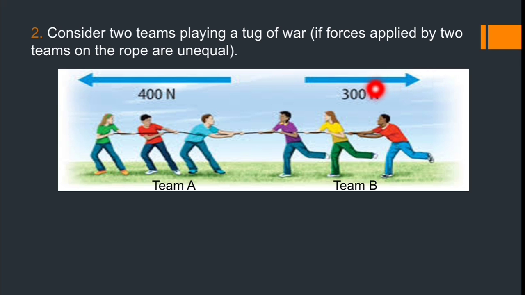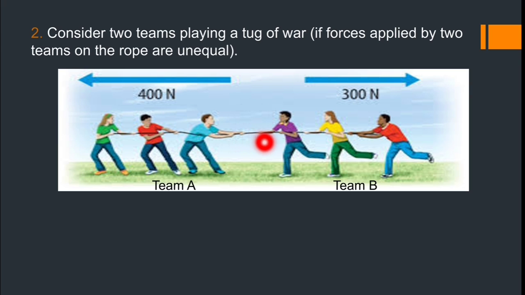It means the two forces are not of the same magnitude and also they have opposite directions. So there will be a net force because these two forces do not balance each other. And what will be the net force?